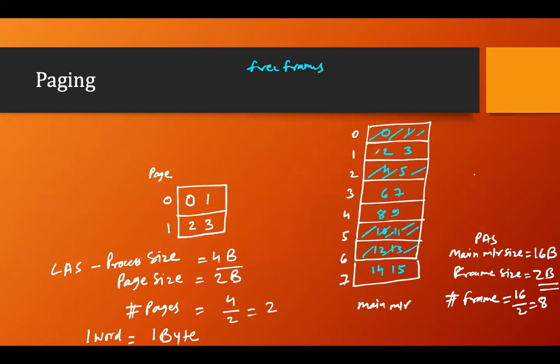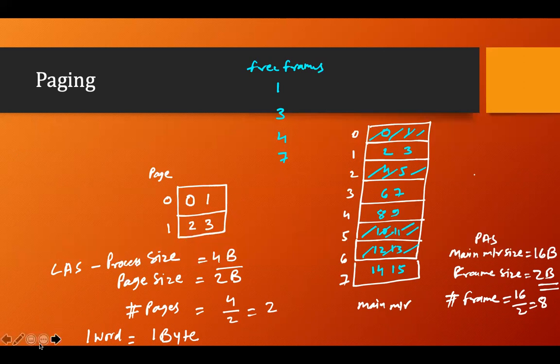Free frames are frame number 1, frame number 3, frame number 4, and frame number 7. So 4 frames are occupied and 4 frames are free.